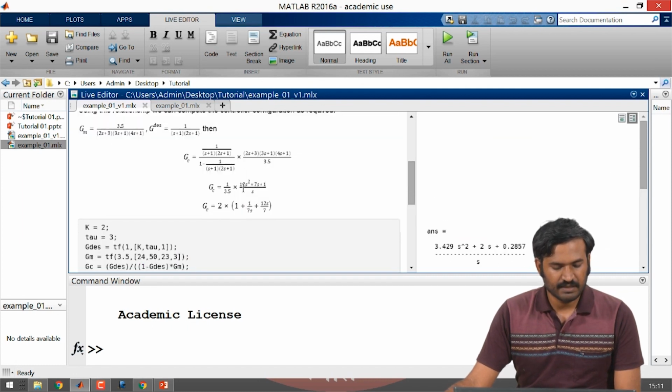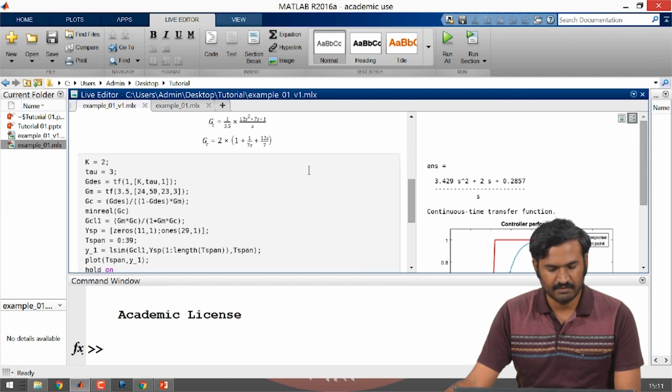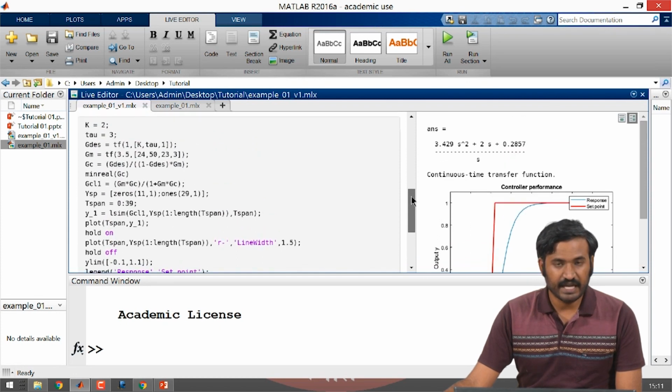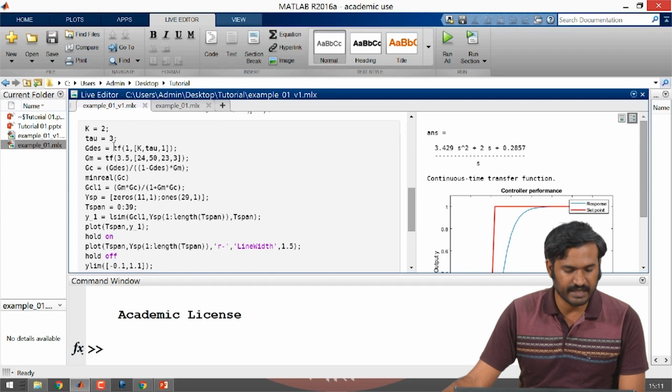The same system has been simulated in the code given here. For that, I have used a couple of MATLAB inbuilt functions. First is TF.